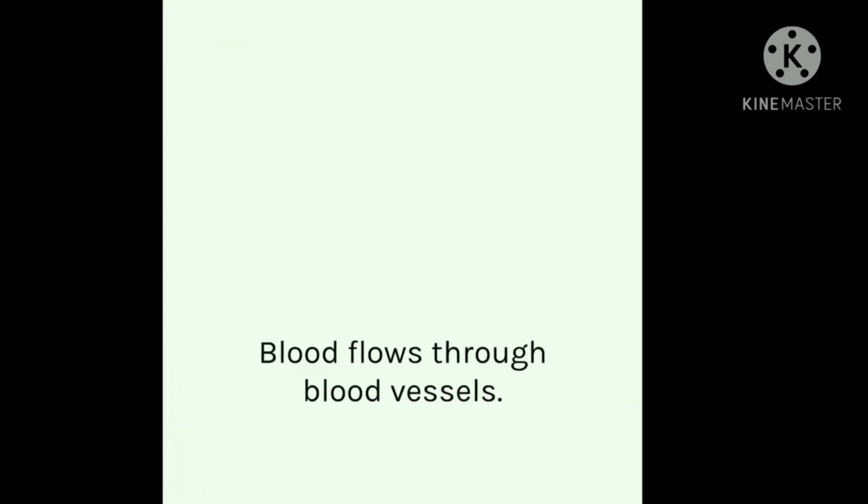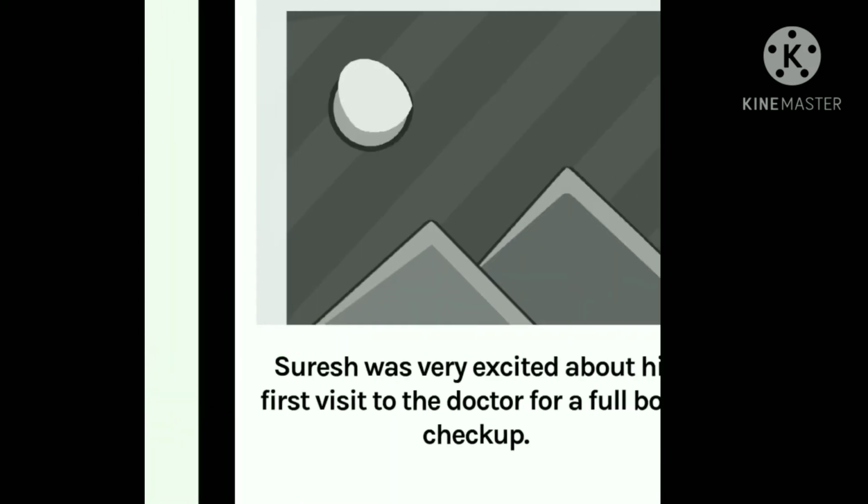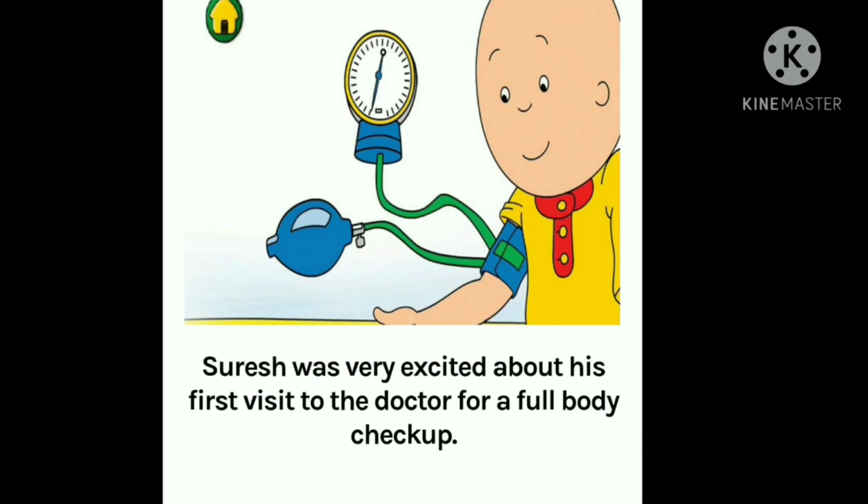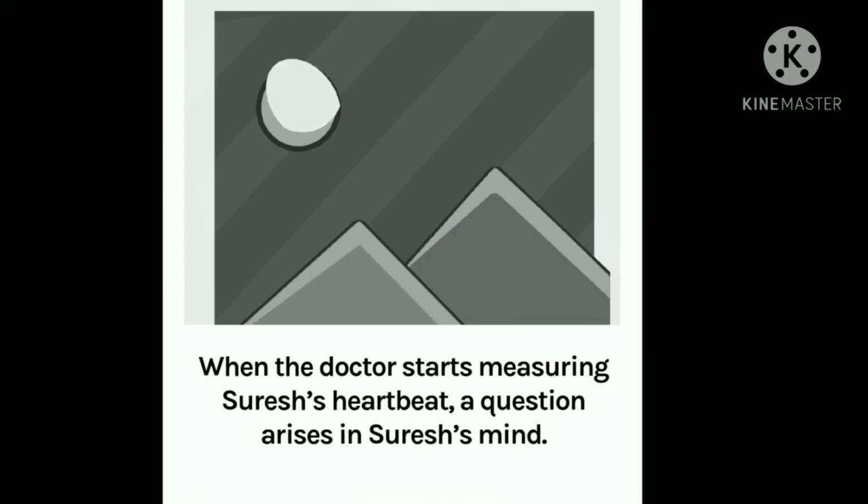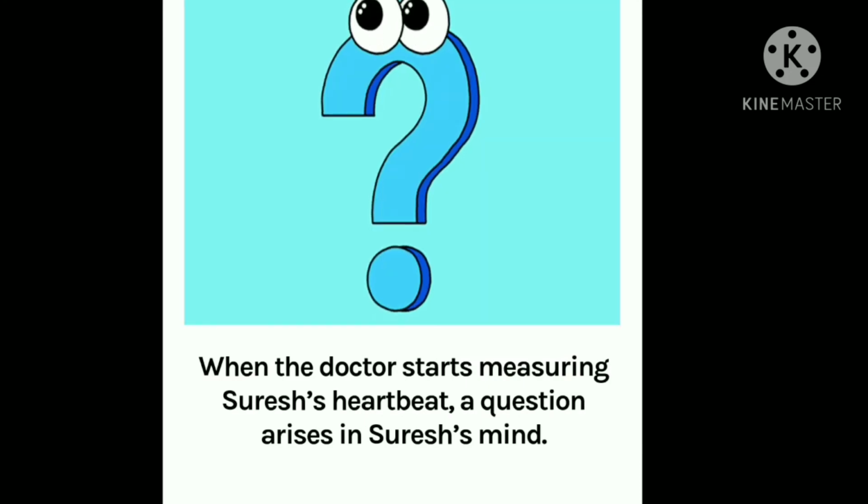The blood flows through blood vessels. Suresh is very excited about his first visit to the doctor for a full body checkup. When the doctor starts measuring Suresh's heartbeats, a question arises in Suresh's mind.